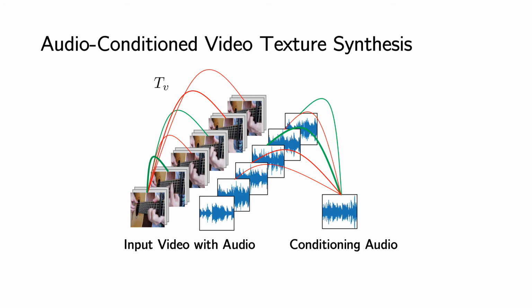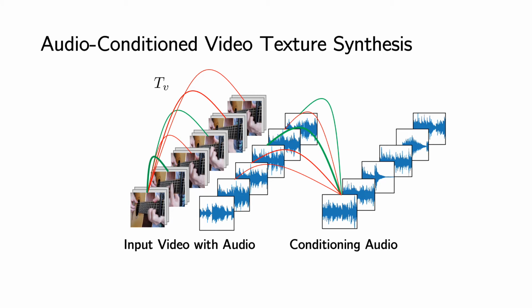This is repeated for the remaining audio segments in the conditioning audio to construct the audio transition probability matrix. Finally, the two are combined using a weighted average to form the final transition probability matrix. The audio conditioned video texture is then synthesized using the same inference procedure described earlier, just using the updated transition probabilities.